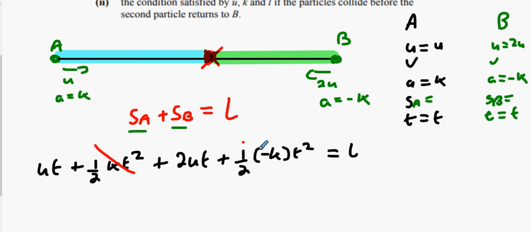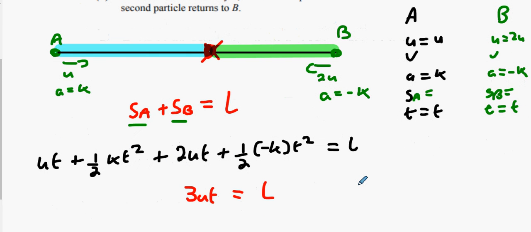Two of them cancel, don't they? They're opposite in sign. So what we're going to get is 3UT equals L, and therefore time T equals L over 3U. For 10 marks. That's 10 out of 20 there.